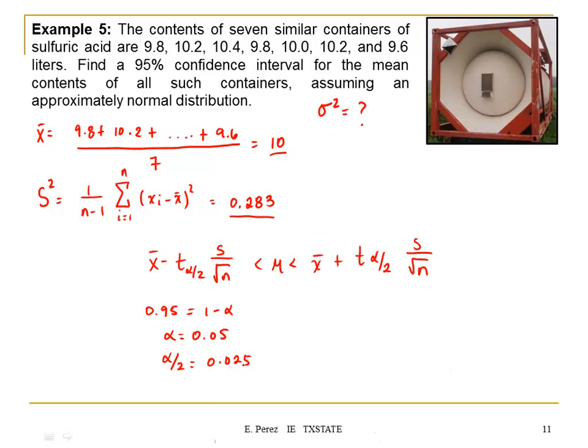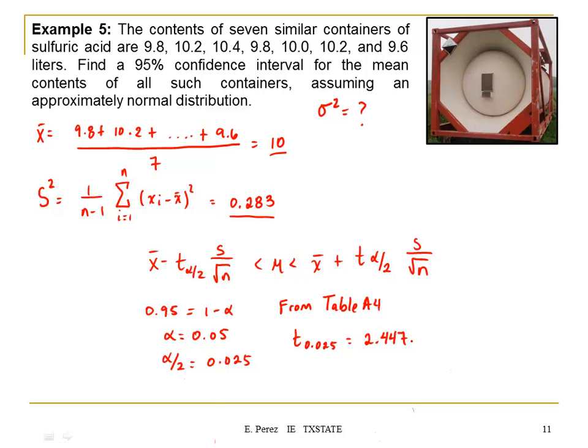Now instead of using the Z table, you have to use the T distribution, right? So from the T distribution, that is table A4 from your textbook, and we practice how to use that table in class. From table A4, we can get that T of 0.025 equals 2.447.